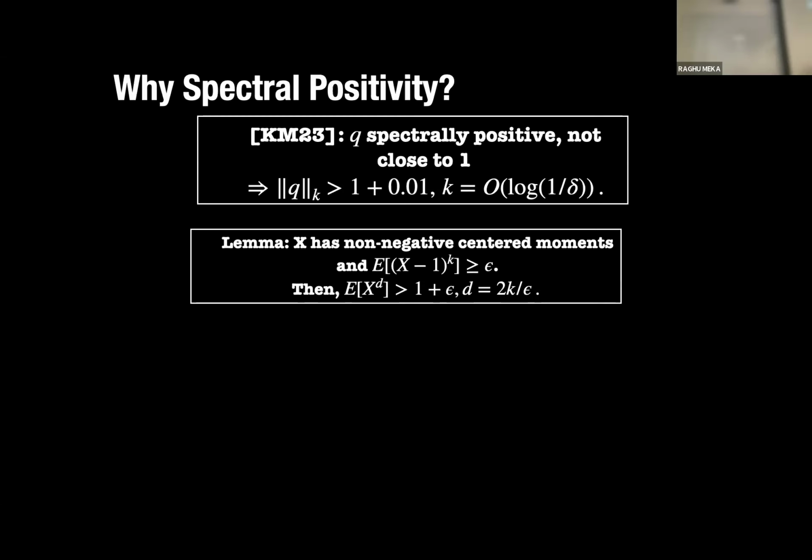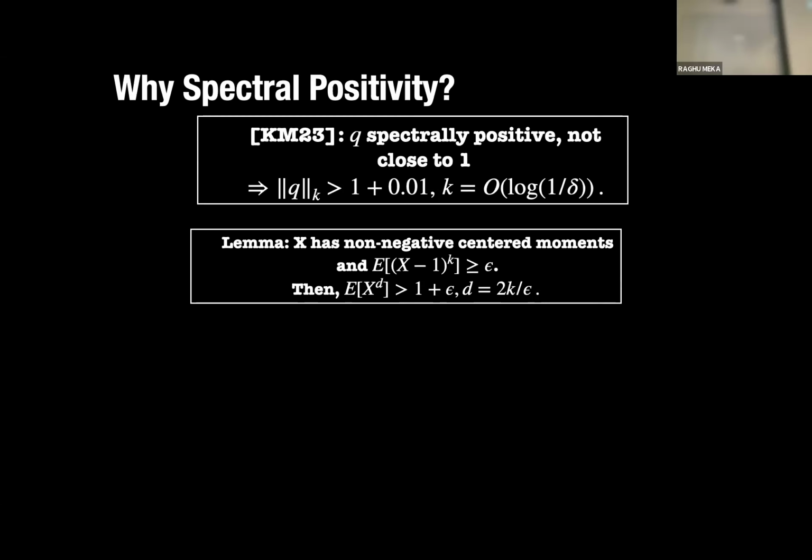And how does this work? How do you prove this lemma? Actually, it has nothing to do with spectral positivity or anything. It's just a statement about a real valued random variable. In particular, if I take any real valued random variable which has non-negative centered moments, then you get this inequality. If I have a real valued random variable x, let's say its expectation is 1, then it doesn't mean that expectation of (x minus 1) cubed is non-negative, right?